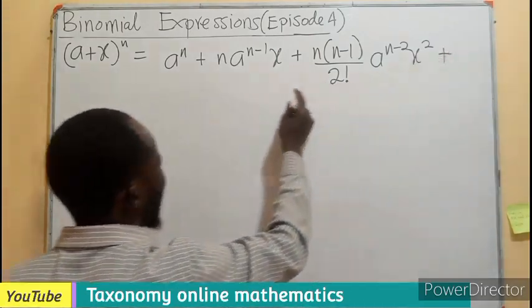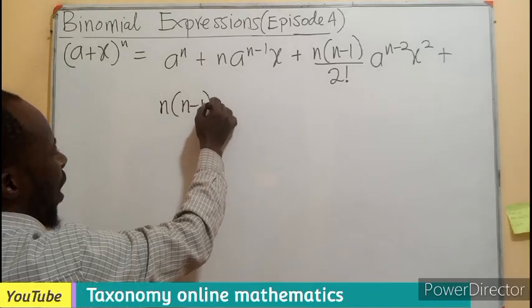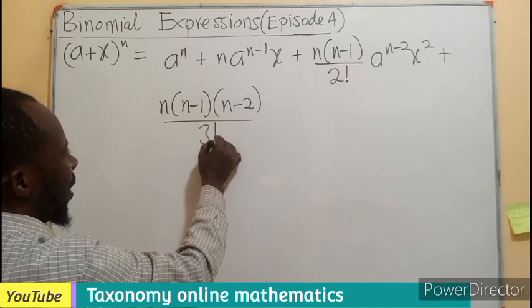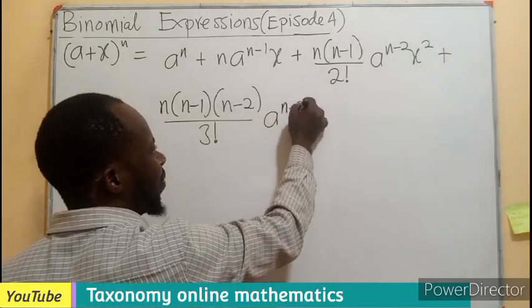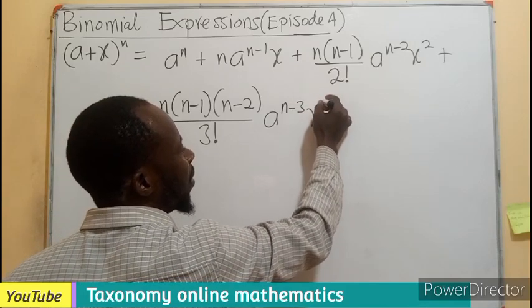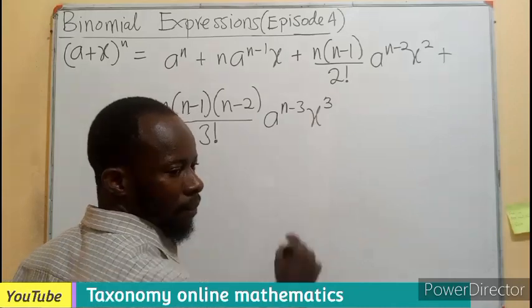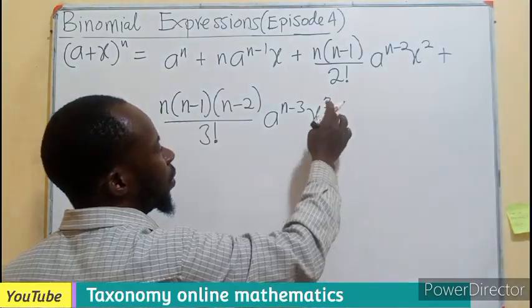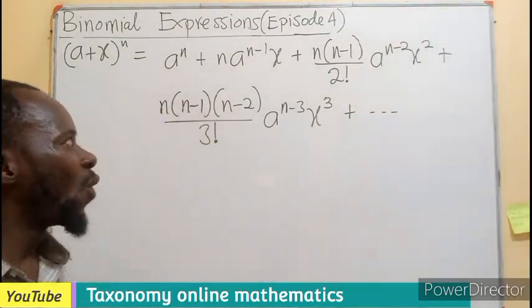Then we can have plus n(n - 1)(n - 2) over 3 factorial, a to the exponent of n minus 3, x to the power of 3. So this will be plus. It continues in that order.